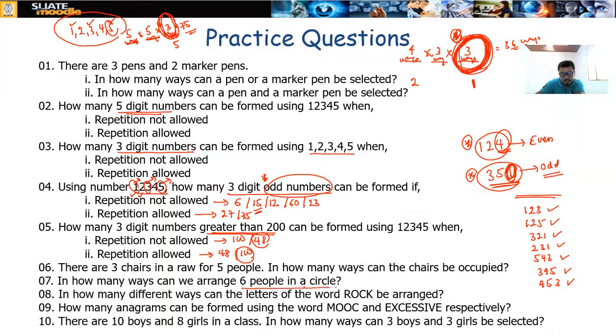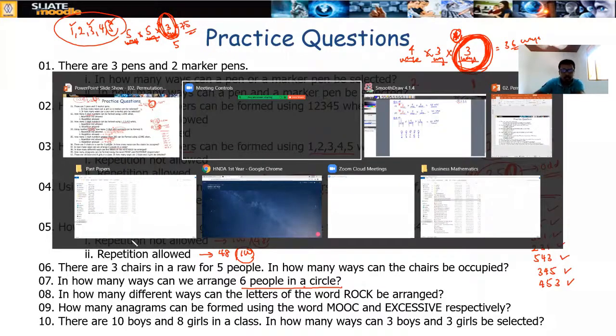If we are going to seat 6 people around a circle, how many ways do we have? How many ways are there?